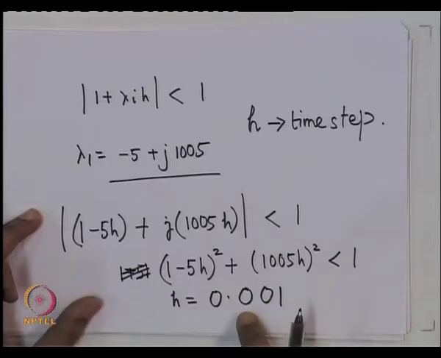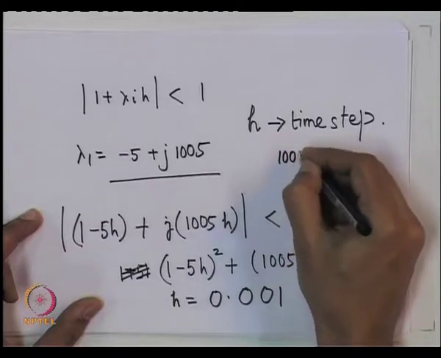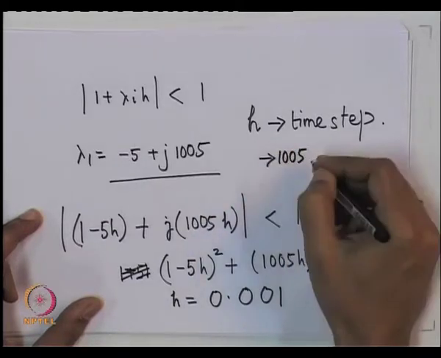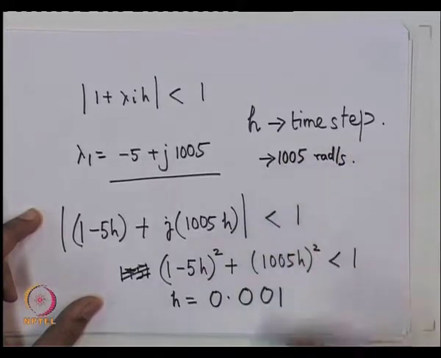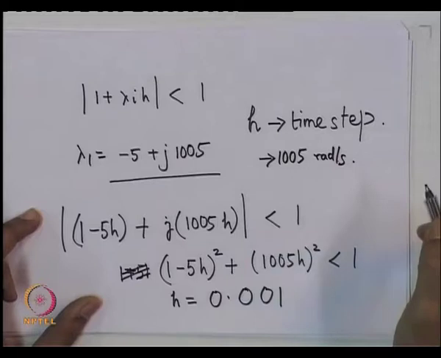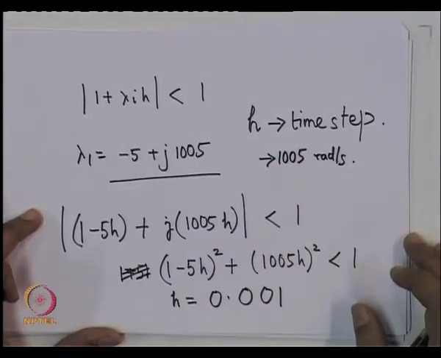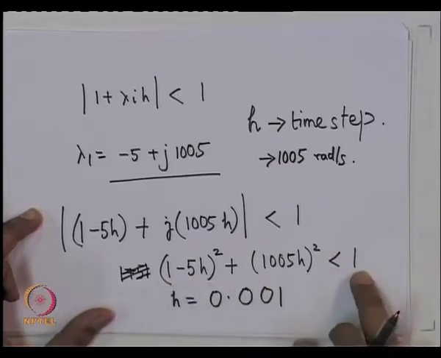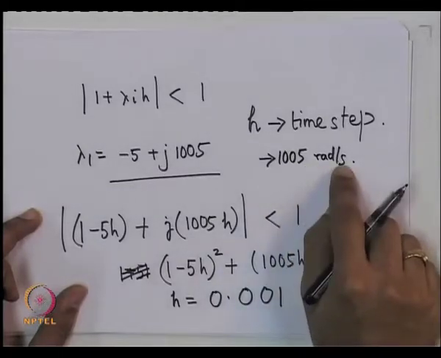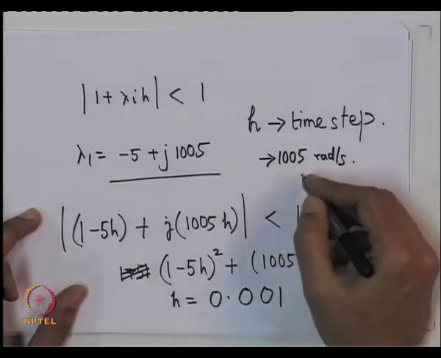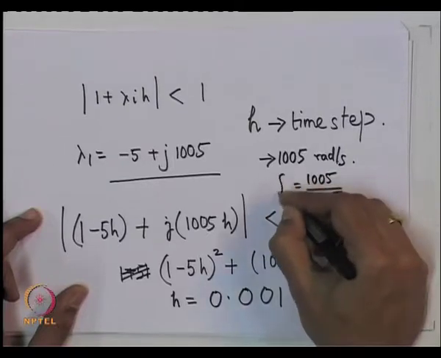For example, you expect that this frequency is, the imaginary part of course corresponds to the frequency of the oscillation in radian per second. We expect that if I choose a 1 millisecond time step, it should be able to mimic the response, but unfortunately that is not true, because this relationship is not satisfied. 1005 radians per second corresponds to around 1005 divided by 2 pi, that is the frequency.